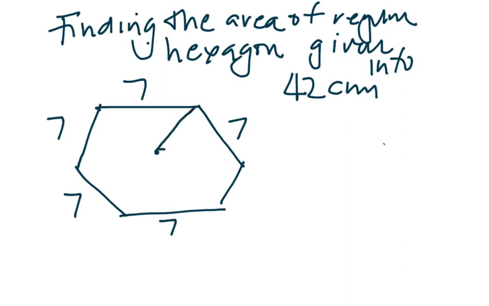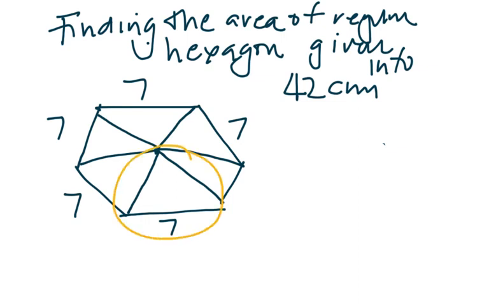We take a line from the middle, because all the sides are congruent, to each vertex, and we're going to have 6 triangles. Now it's a little easier because we just need to find one triangle, and once we find the one, we can determine all 6.